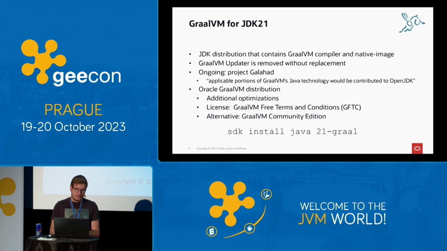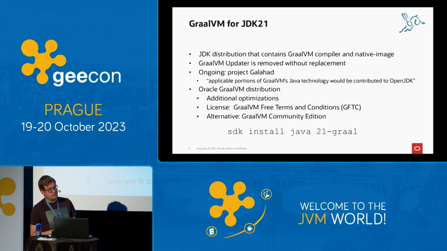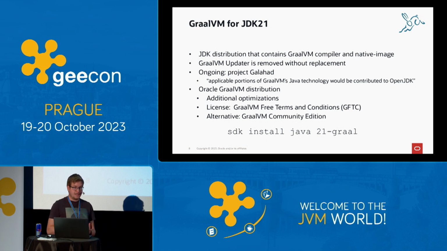There are two distributions. There's the Oracle GraalVM distribution, which is based on OracleJDK. It has some additional proprietary optimizations, and it's licensed with the GraalVM Free Terms and Conditions license. I'm not a lawyer, but the intention of the license is that you can use it for commercial purposes for free.